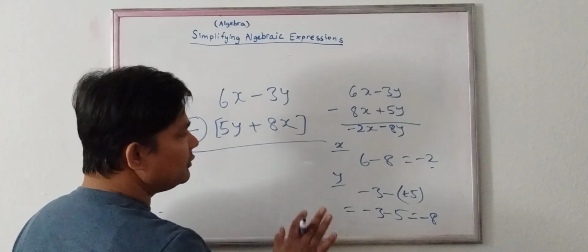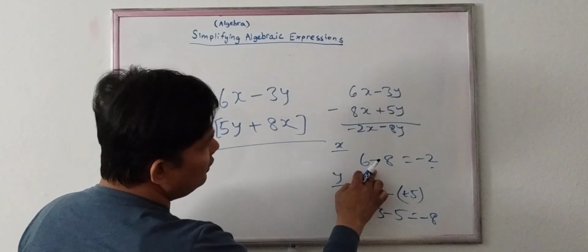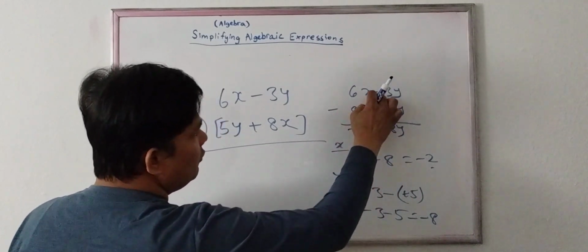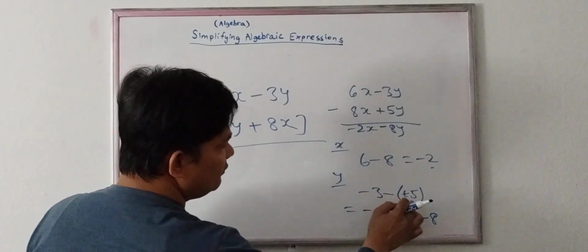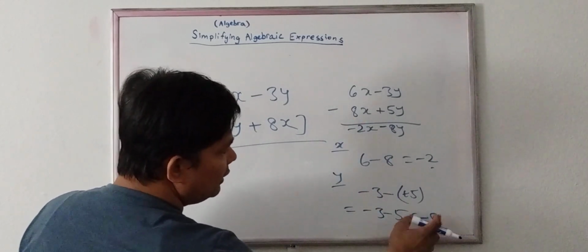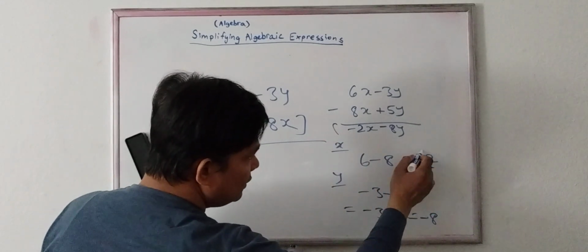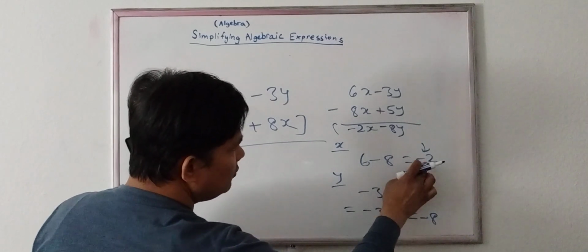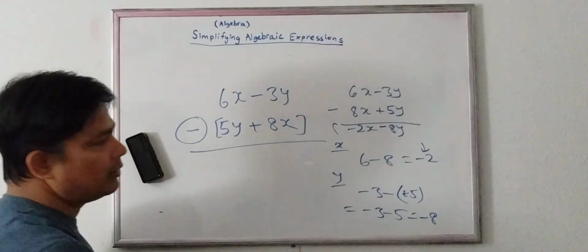But since you are learning right now, just write x, and what I have here, 6 minus 8. For y, what we have here, minus 3 minus plus 5, and solve for that and write the final expression with their sign. So both have minus sign, so minus 2x minus 8y.